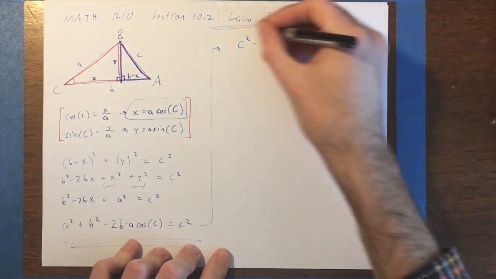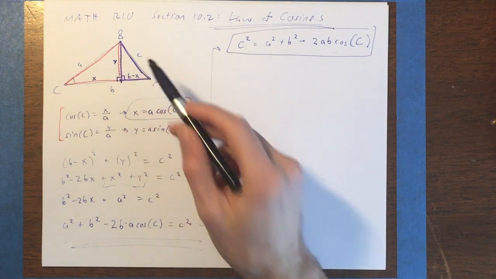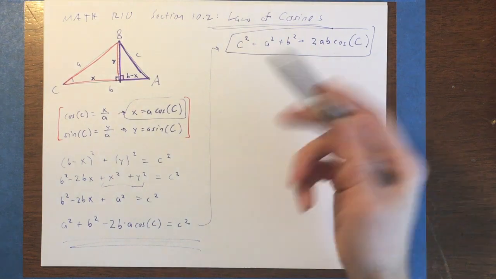That version of the law of cosines involves the three sides a, b, and c, and only one angle C, and it uses the cosine. That's why it's called the law of cosines.